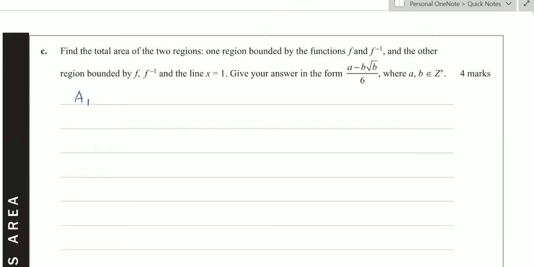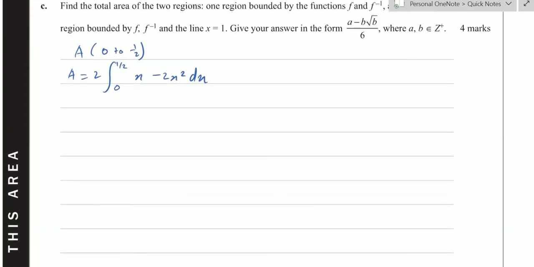So first area I'll take to be this area here, this one. So area 1 is from 0 to 1/2. So that is twice the integration of the line y equals x minus the parabola, or f inverse x. So that is twice [x squared on 2 minus 2 on 3 x to the power of 3] from 0 to 1/2.